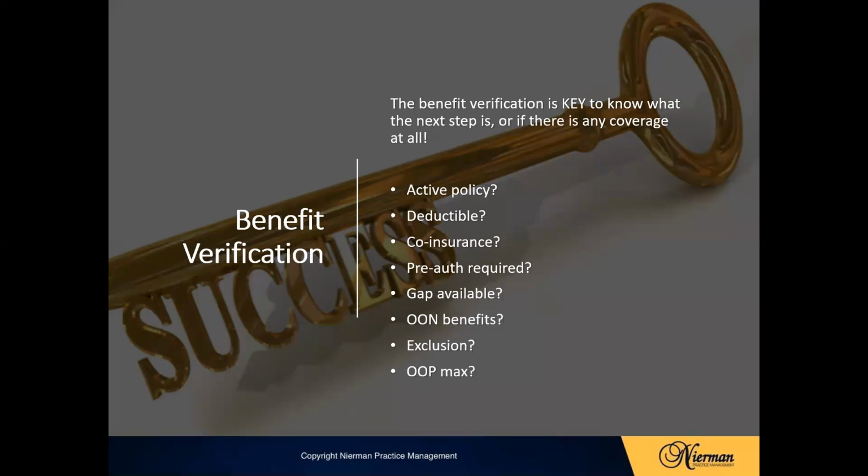A gap exception is a one-time permission to use their in-network benefits, which can lower the out-of-pocket costs for the patient because their in-network co-payments might be less. So the gap would be, let's say there's no one within a 30-mile distance of the patient's residence who does the exact procedure that you do, who's in network.